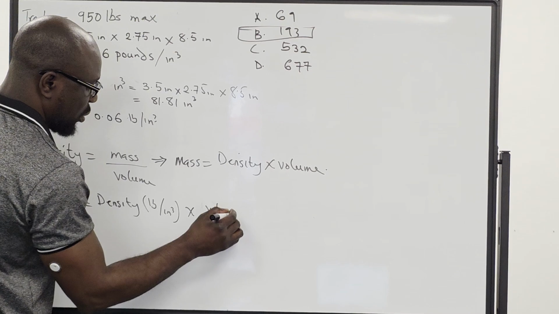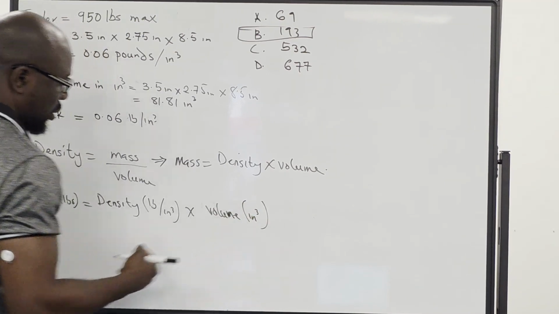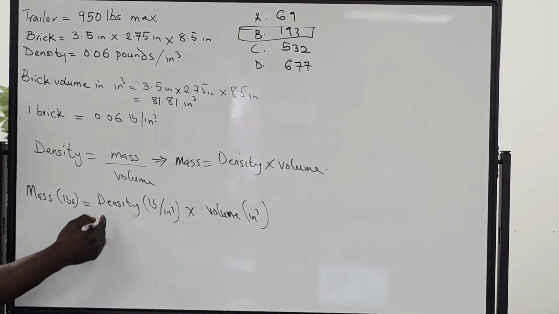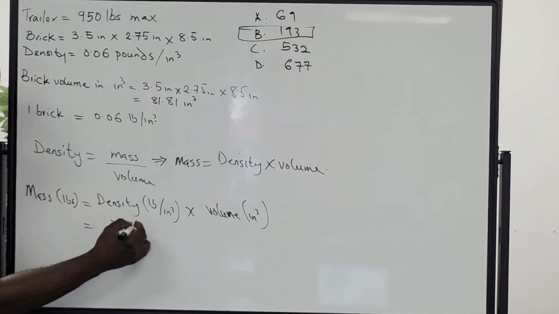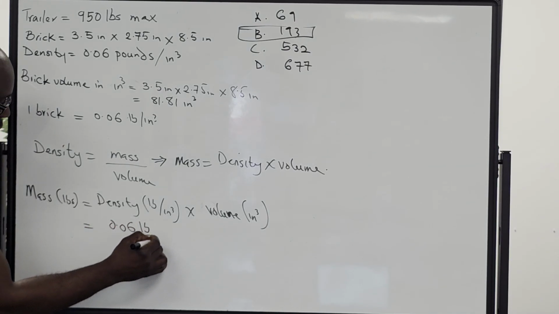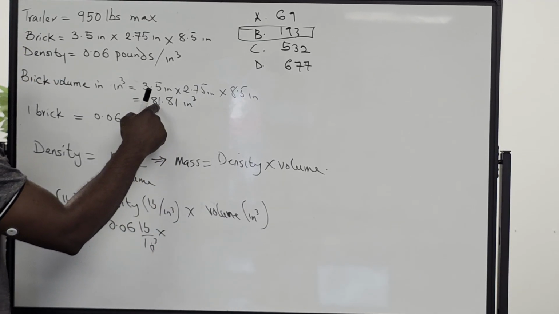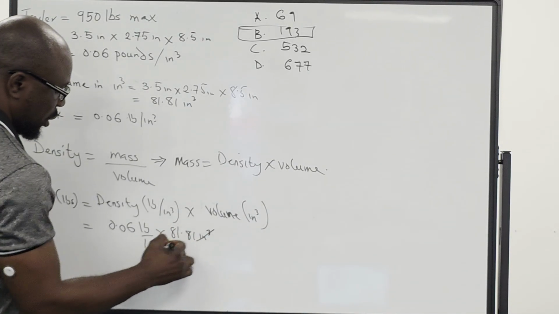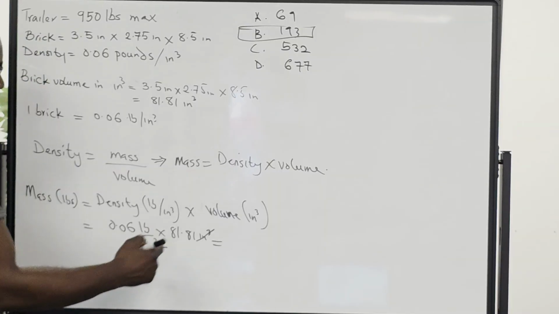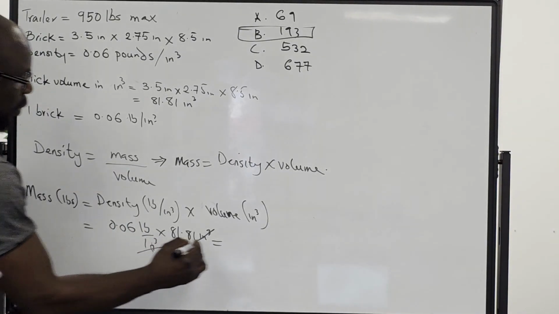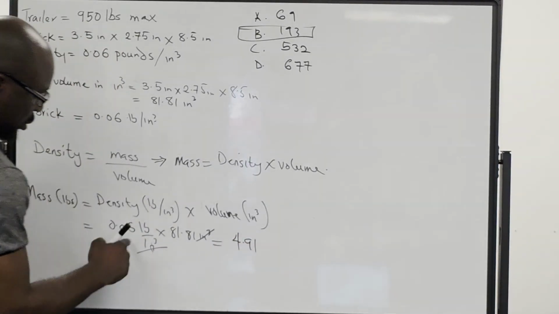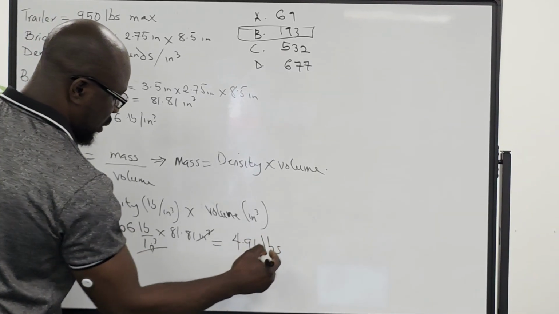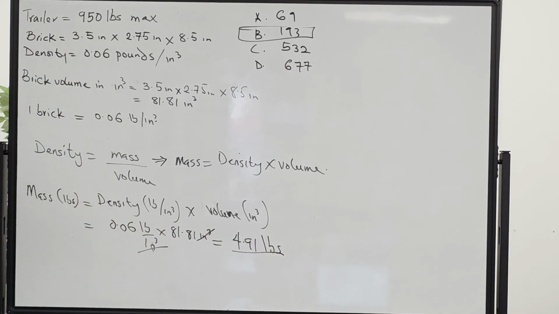Now that we know the density is 0.06 pounds per inch cube, times the volume 81.81 inch cube, the units cancel out, and 0.06 times 81.81 gives us 4.91 pounds. So that's the mass.